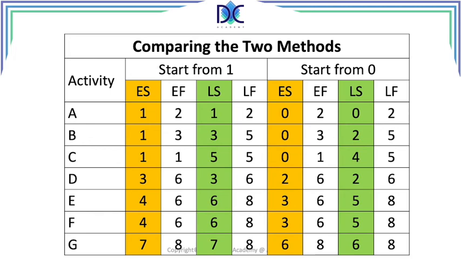The finish times are the same, but the start times are different. So when you are doing a calculation, you have to be aware whether the result is given starting from 0 or 1. There is clearly a difference in the early start numbers, and it may sometimes be confusing.